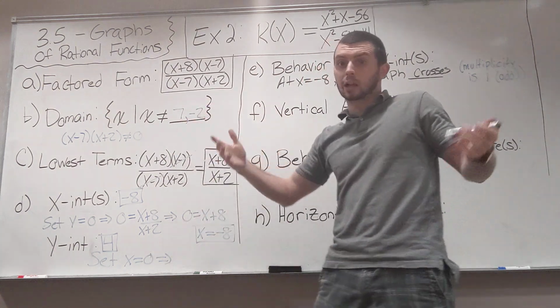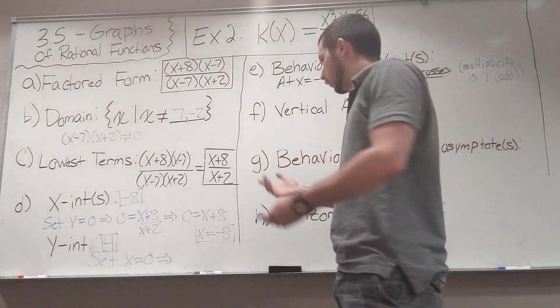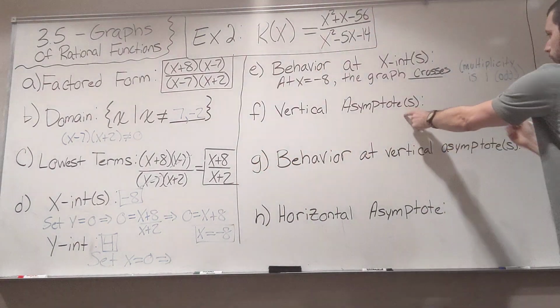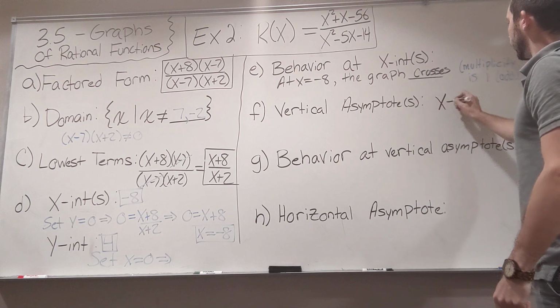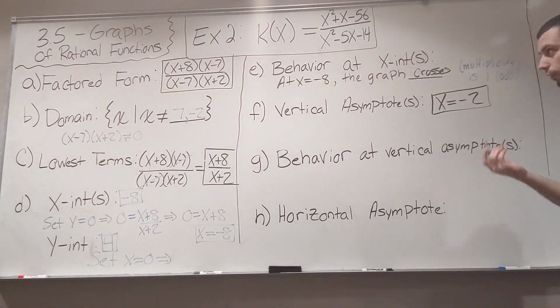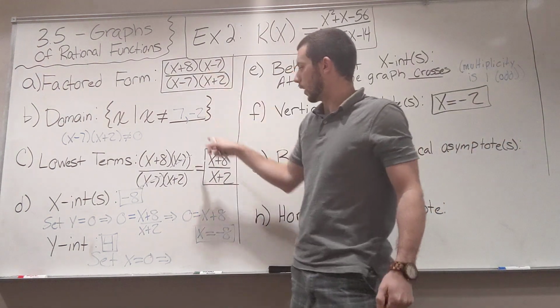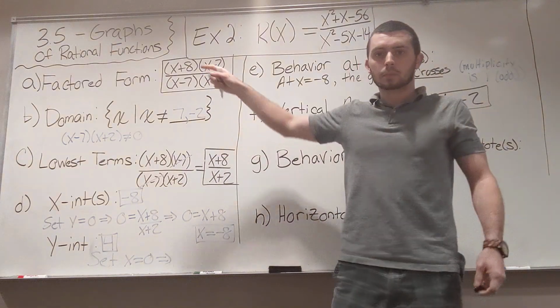But negative 2 never got canceled out. Its factor is still there. So our vertical asymptote will be x is equal to negative 2, but not x is equal to 7, strictly because of that cancellation that happened.